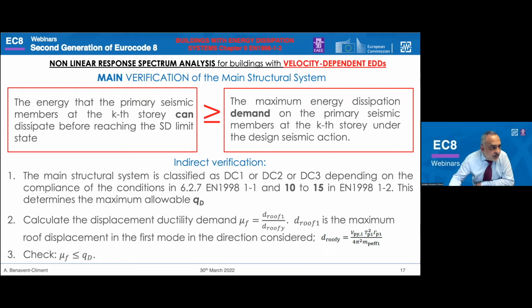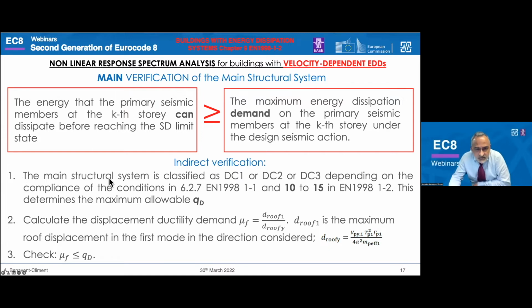Since this method does not provide a quantitative estimation of the energy dissipation demand on the main structural system at each story, the verification must be done indirectly through the following steps.